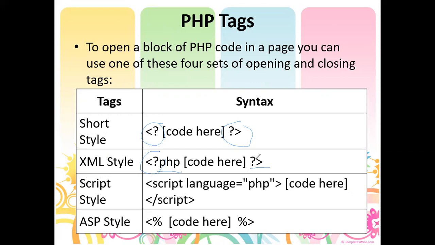So you have the question mark and the angle bracket. Another style is the script style, which is angle bracket, script, and then you have the language equals PHP. And then, of course, the closing tag. And the last is the ASP style, wherein you have angle bracket and then percent sign. What we will be using is XML style.